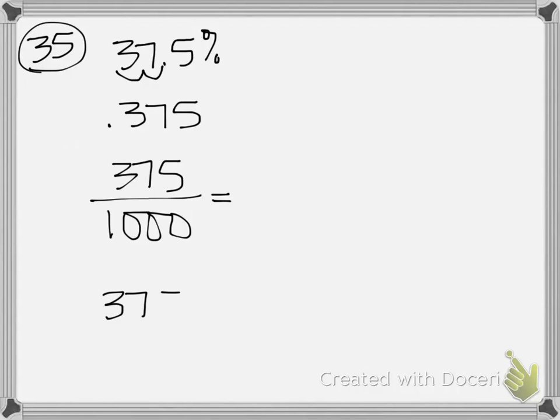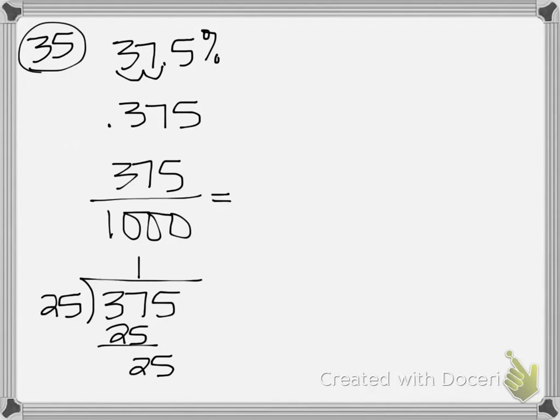So 375 divided by 25 definitely goes in one time. That leaves me 2, bring down the 5. Oh, okay. So 11 times? Is it really? Did I do that right? It almost seems too easy.